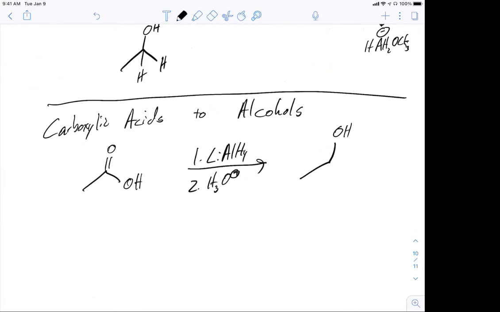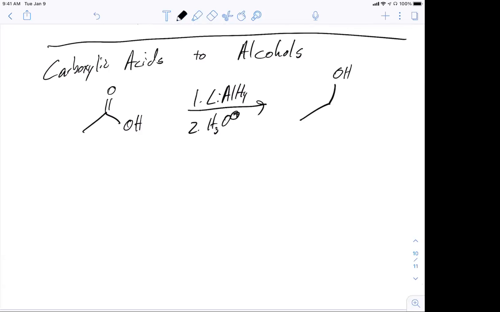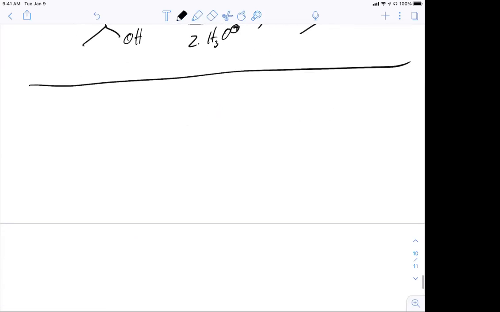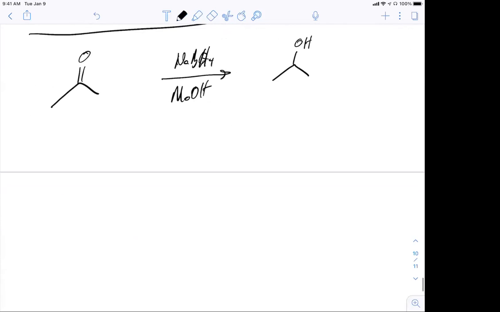The other thing we need to think about with these reactions, so hydride reductions, is if we look at a ketone, so let's just say sodium borohydride and methanol, and if we look at an aldehyde, let's say sodium borohydride and methanol, and again, it can be methanol or ethanol, no difference.